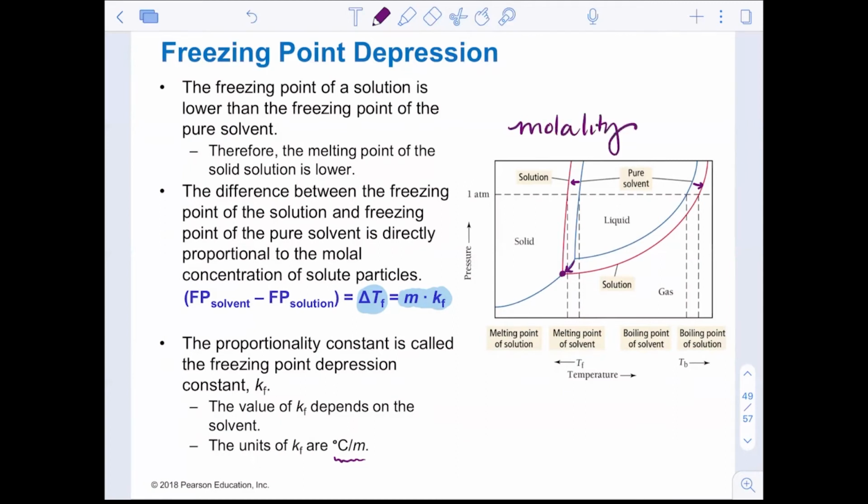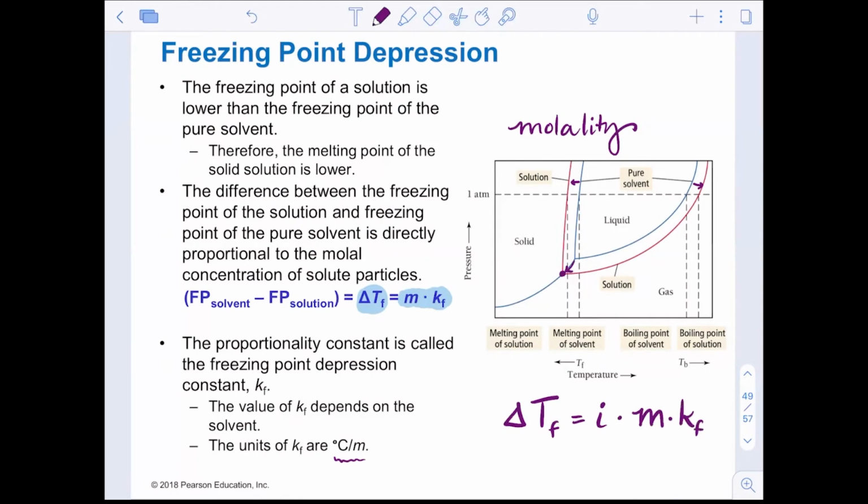And I'm just going to change one little thing about this freezing point. When we talk about having different types of solute, the overall equation that we are going to use is incorporating this little i. This i is called the Van't Hoff factor.